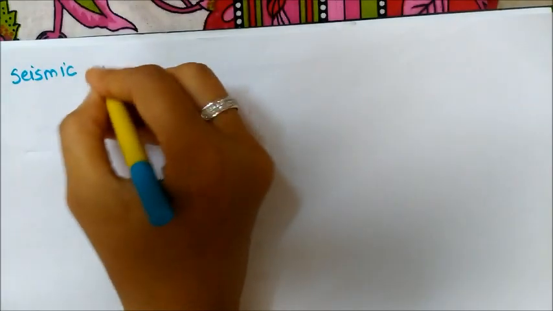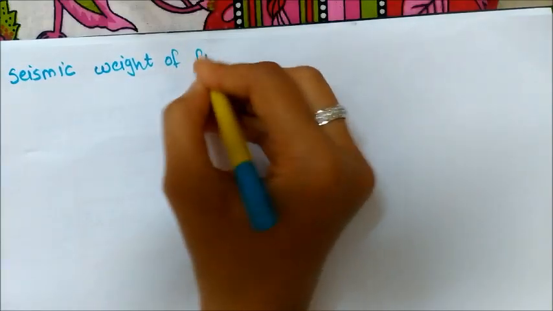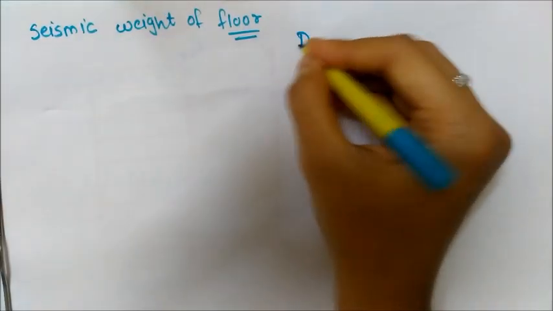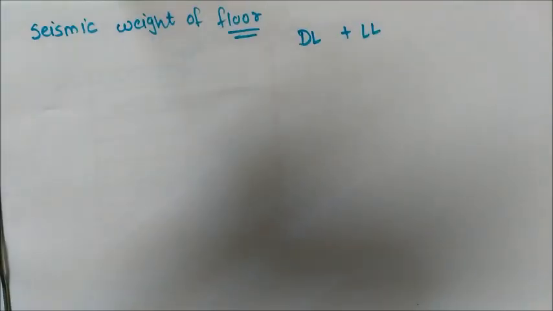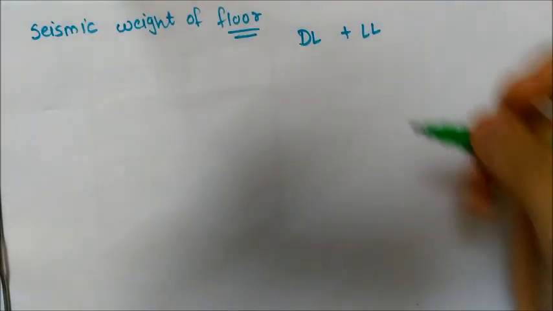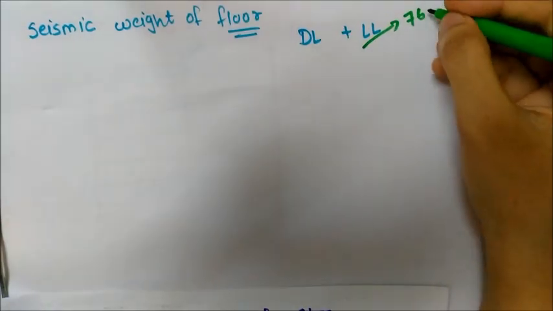Now calculate the seismic weight of the floor. For that, you have to add dead load plus live load both, and we already calculated the live load for the floor as 768.